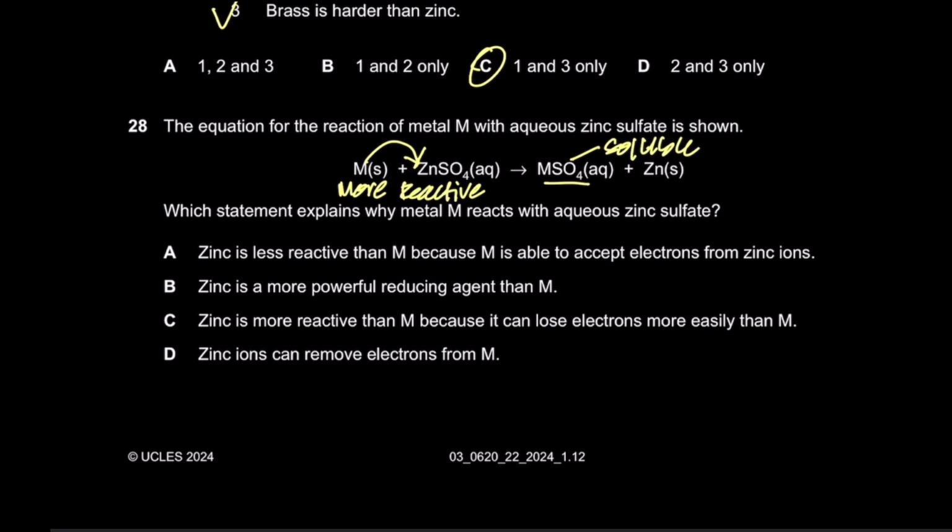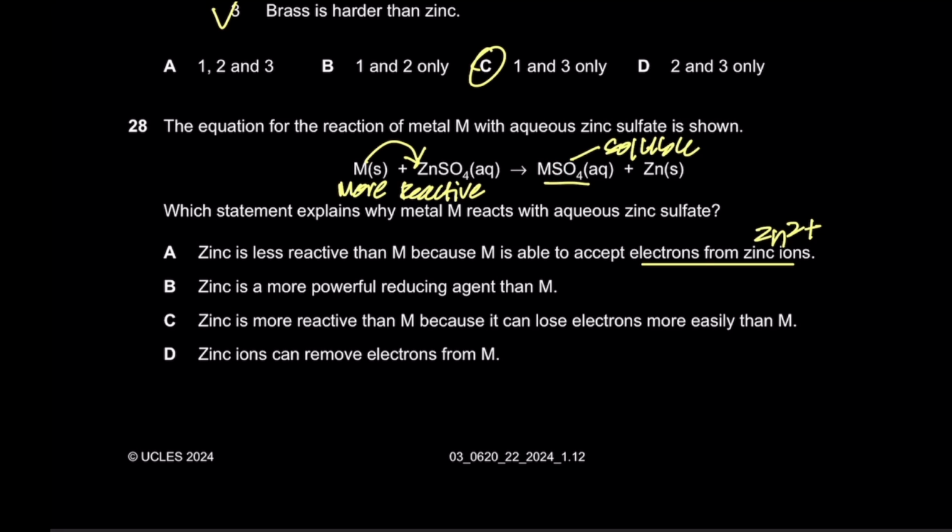Okay, let's explain this MCQ. It says, which statement explains why metal M reacts? Because it's more reactive. Zinc is less reactive than metal M. That's true. Because M is able to accept electrons from zinc ions. Zinc 2+ ions, they already have lost electrons. How can metal M accept electrons from zinc 2+ ions? What is essentially happening is, if you think about it, this metal is giving electrons to the zinc 2+ ions to make them into zinc solid, and itself it becomes a part of this sulfate to give you the metal sulfate.